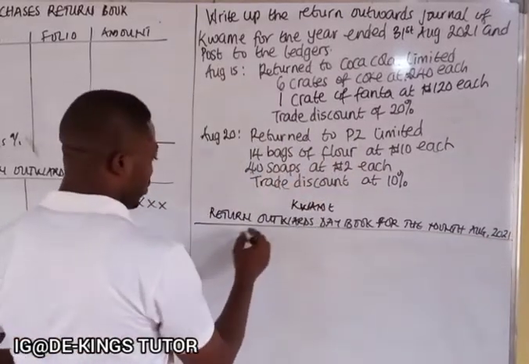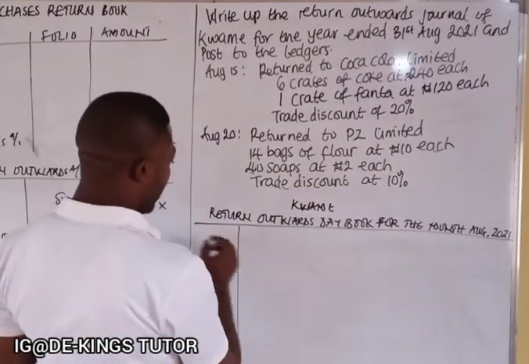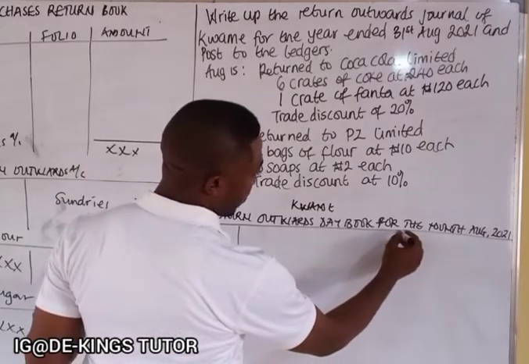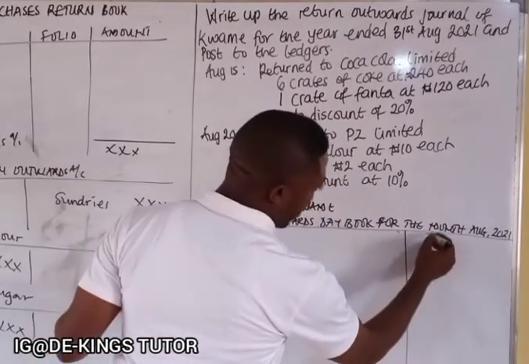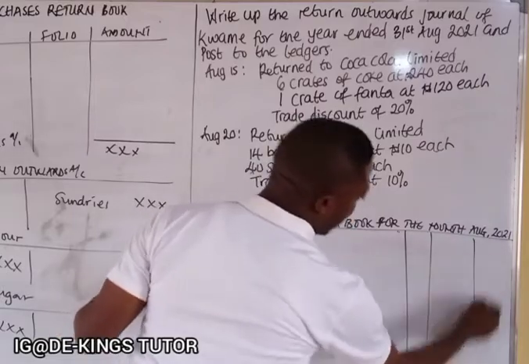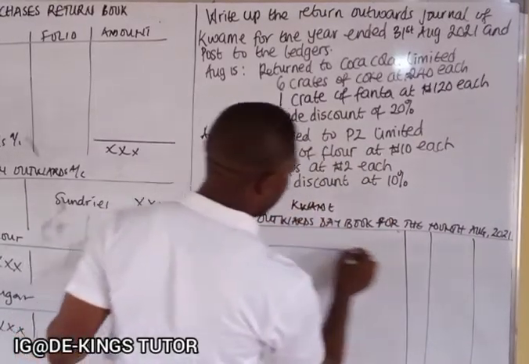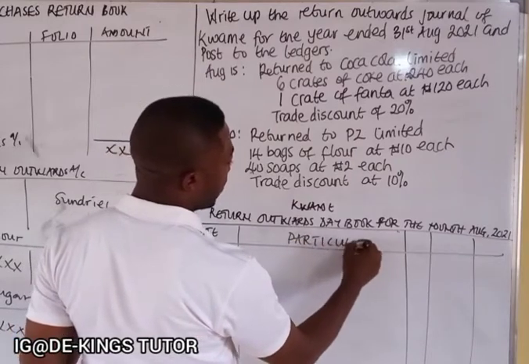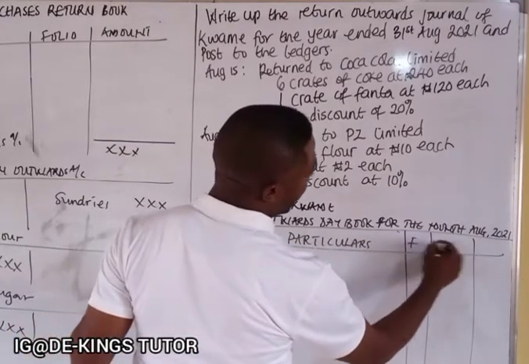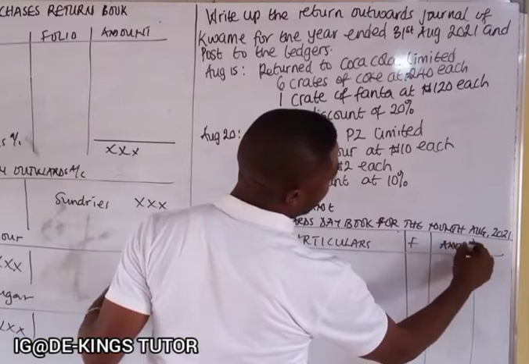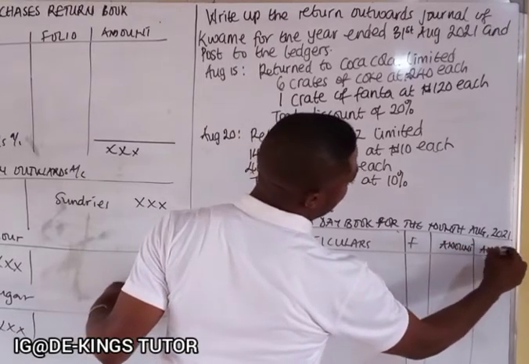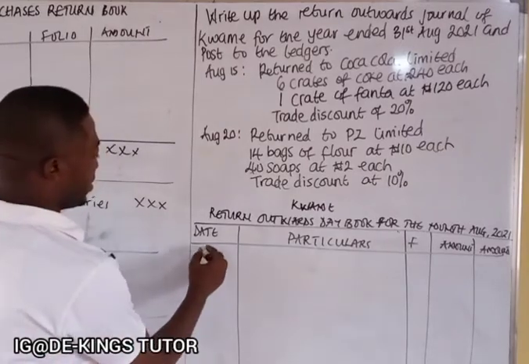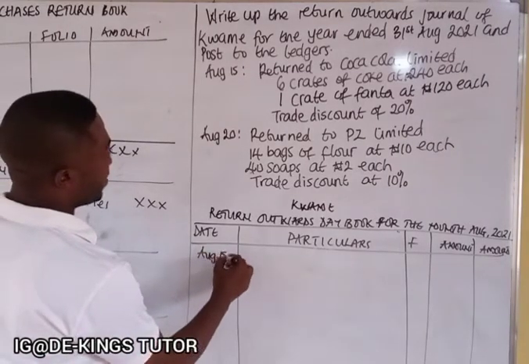Okay, so we'll have our dates, our folio, the particulars, the folio, and our amounts. So the first one is August 15.